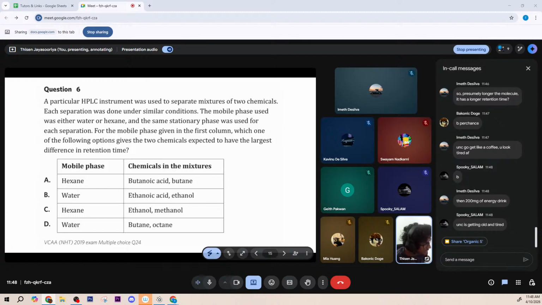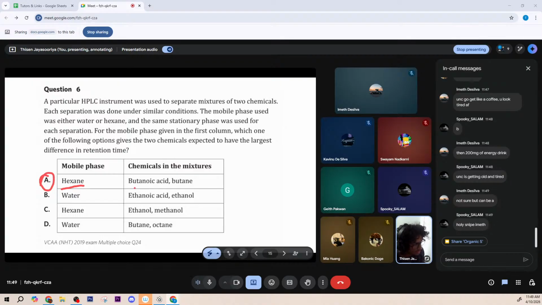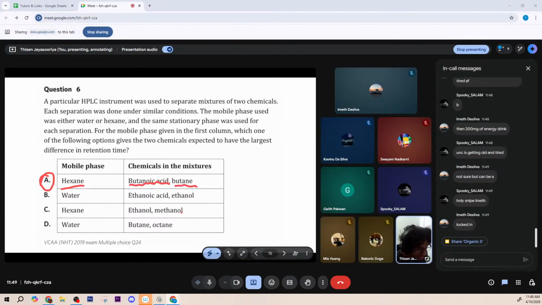I got two people saying B. I didn't get anything else though. So here, the answer is actually A. The reason being is because hexane is a non-polar molecule. So that means here the polar molecule and the non-polar molecule will probably have the largest difference in retention time than if it was in water and they had two polar molecules.